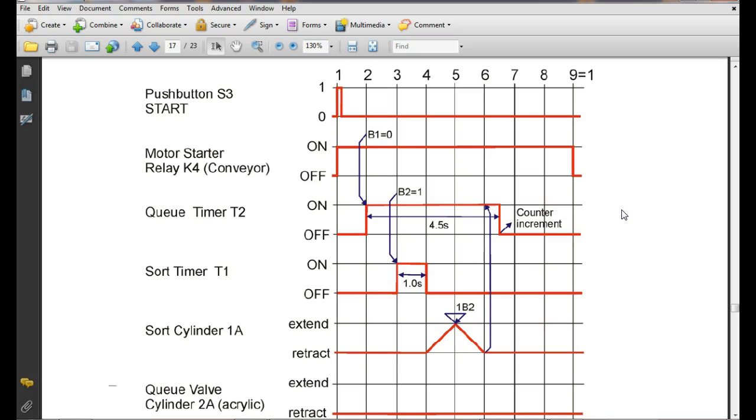Can y'all see something here? Yeah, so this uses a timer, right? So once P1 triggers, it stays true for what? Yeah, 4.5 seconds, right? You understand?